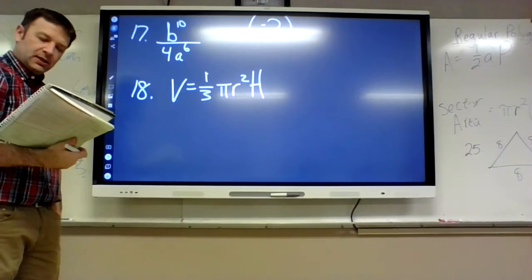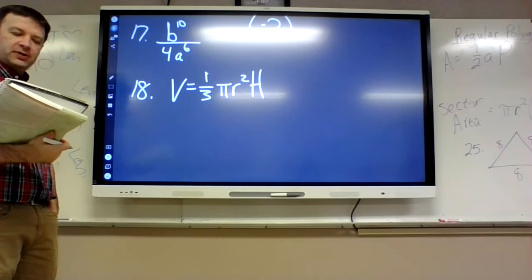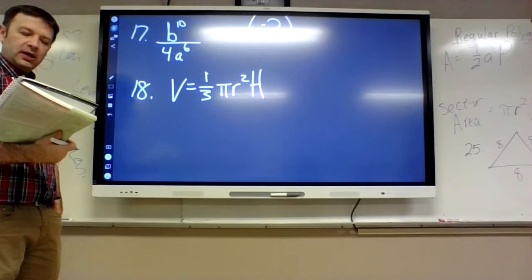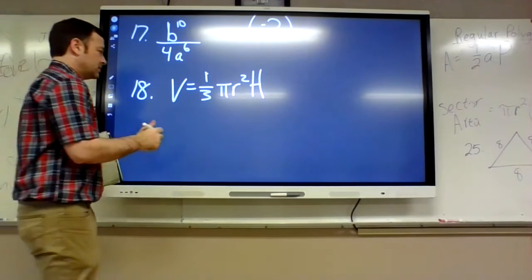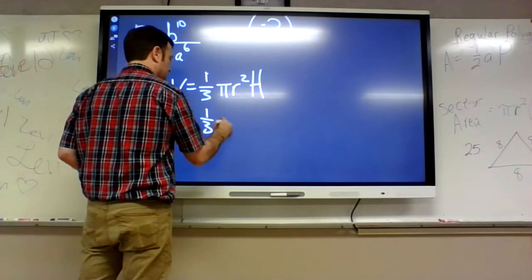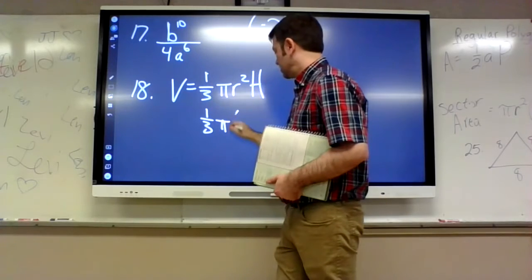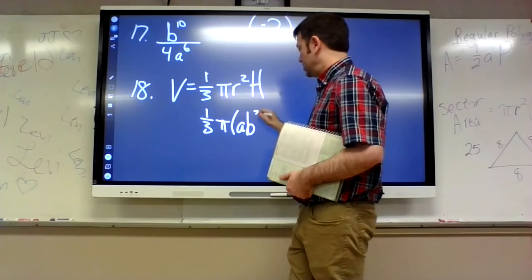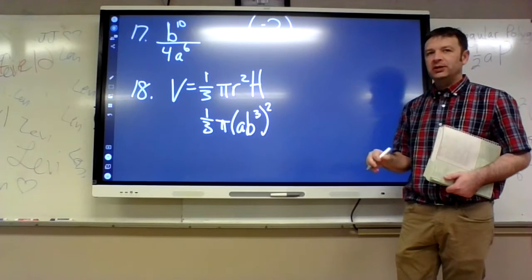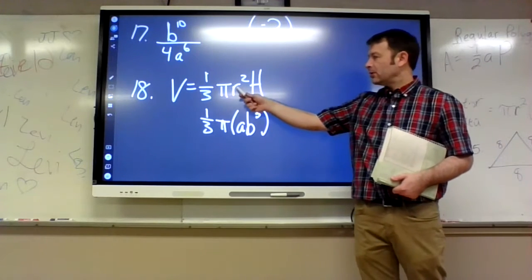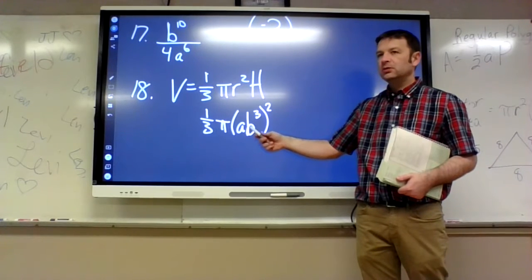Then it says that this represents the volume of the cone with a radius of ab cubed. So they want us to put ab cubed in for the radius. Where the r was, I'm going to put in ab cubed. You guys see what I did there?